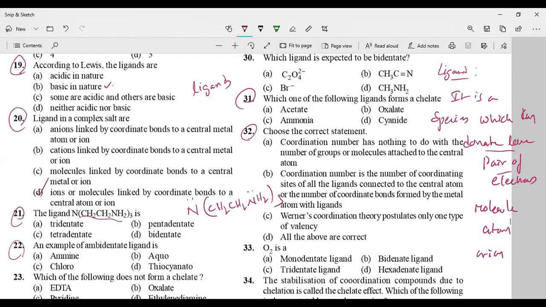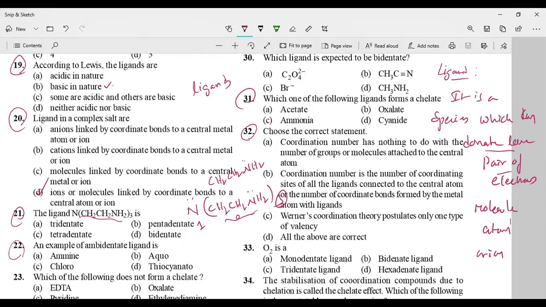Each ethane amine has only one pair of electrons, and there are 3 of them, plus 1, so 4. So it comes under tetradentate.